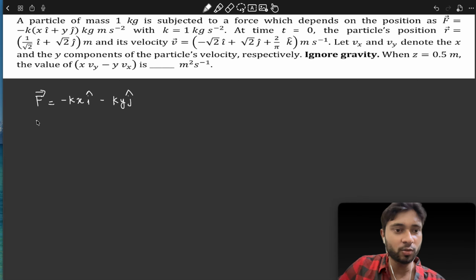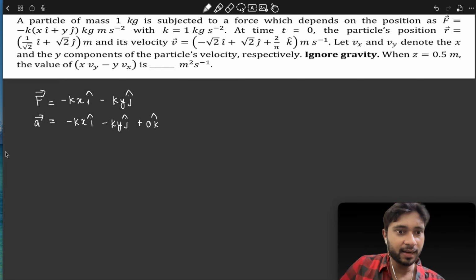So acceleration is minus kx i cap minus ky j cap, and I can also write plus 0 k cap because there is no acceleration in the z direction. I can see acceleration in the x direction is a function of x, and acceleration in the y direction is a function of y, so this makes our life quite easy.